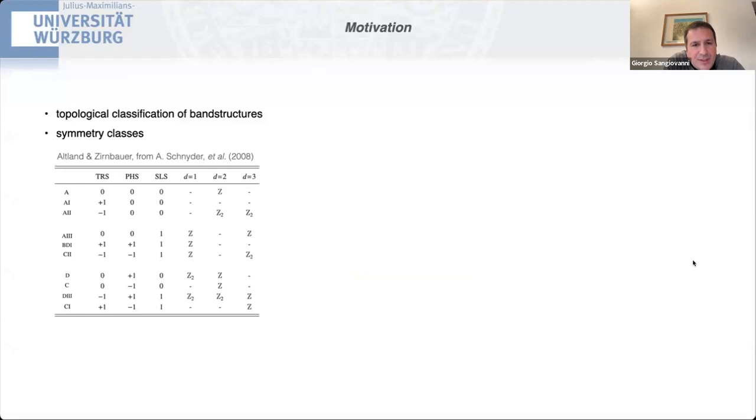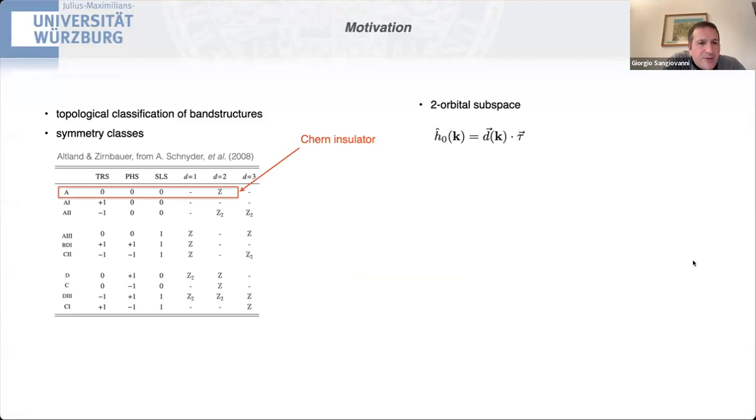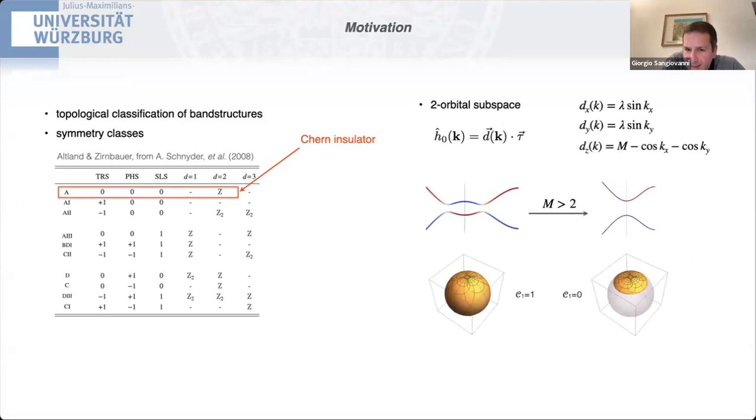For instance, if we start from the simplest case, the absence of time reversal and particle-hole symmetry, like a Chern insulator, you see in this two-orbital subspace, denoted by this vector D, I can write this Hamiltonian, and distinguish between the case in which the D vector, which essentially points from the blue to the red orbital, winds around the whole unit sphere, or only incompletely does that. And so that's a topological phase transition, and the Chern number changes.